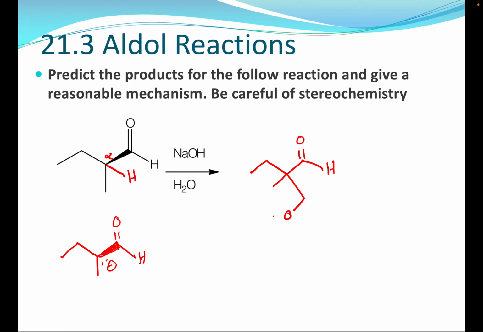So that means that coming off of the carbon right here, we need to have an alcohol followed by the carbon chain. And then we have 1, 2, 3, 4 carbons total.